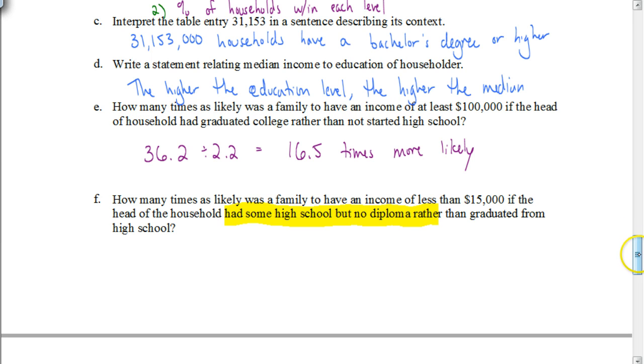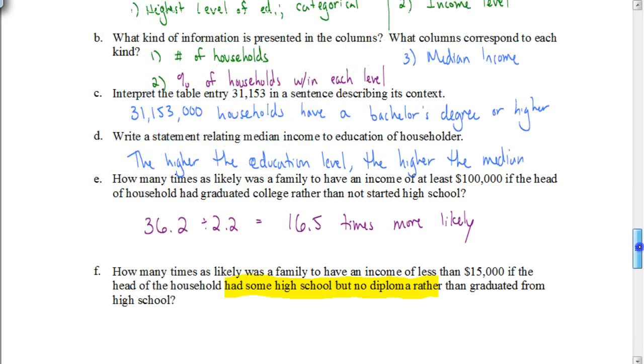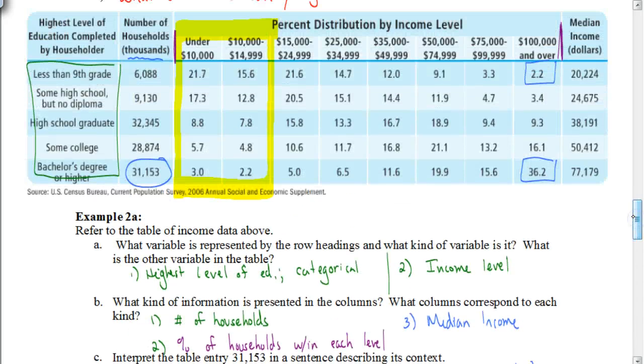So first, let's look at some high school but no diploma. That would be looking at these two numbers. And graduating from high school would be looking at these two numbers. So I'm first going to have to total those two.